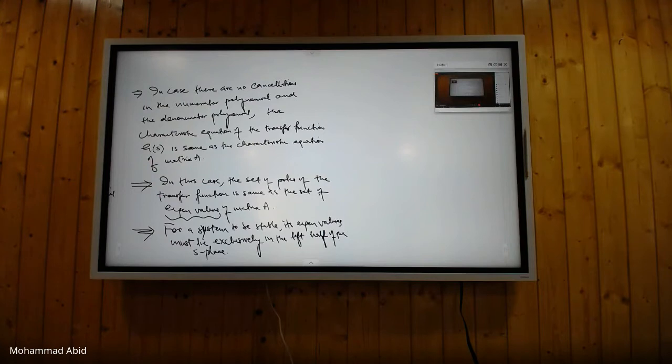So we have considered a case wherein the numerator polynomial and the denominator polynomial have no common factors.